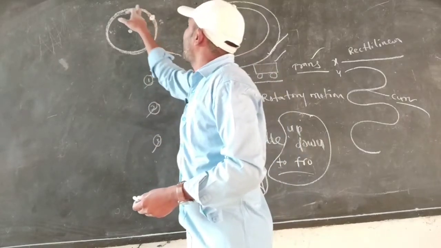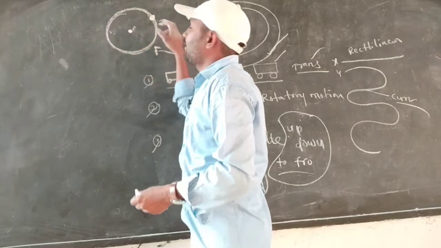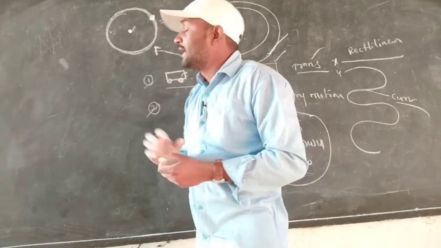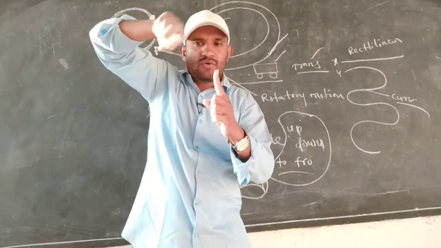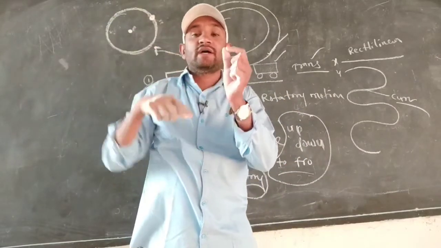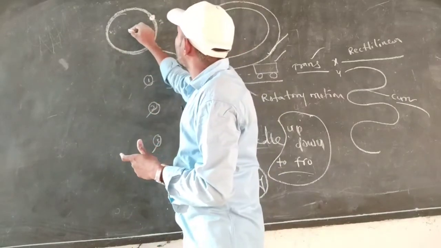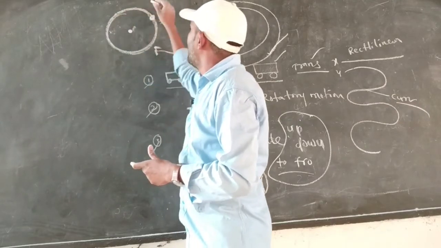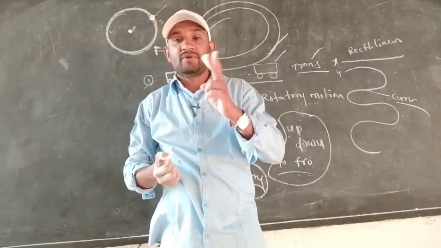While this object is moving around, how many forces are working? Any object that is moving around itself, or around any center point, moving continuously, on that object two forces will be working.